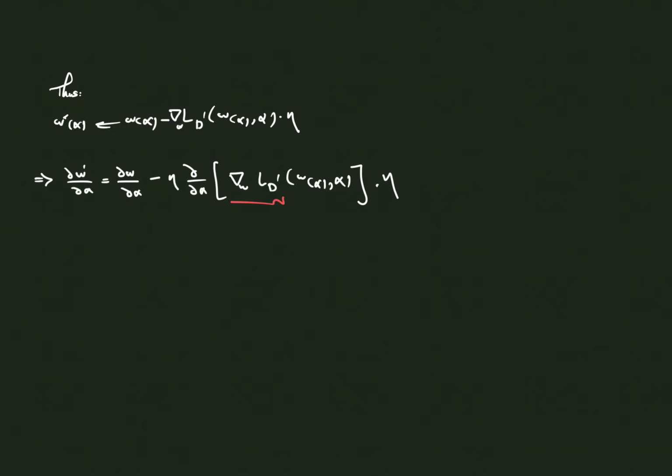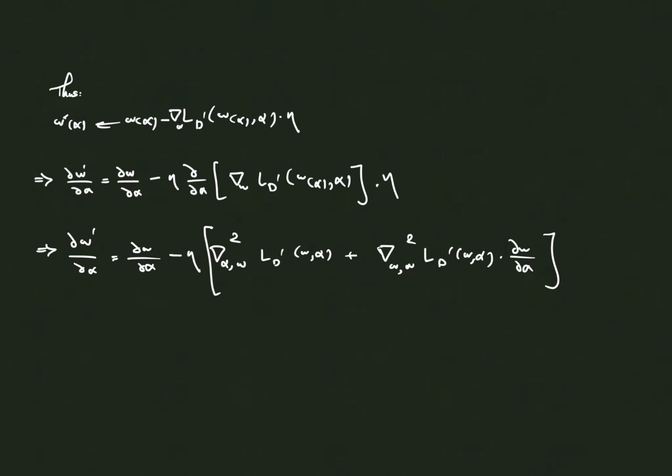So we could see that the f in that context is going to be this term, basically the gradient of LD prime with respect to omega. Now the dimension of this term is going to be omega times alpha. And let's write it down and expand it. All right, so the first thing that we are going to have is, in some sense, the implicit gradient. So we kind of remove the alpha component from omega because we're assuming this omega is going to be fixed.